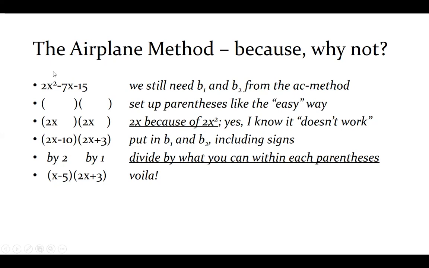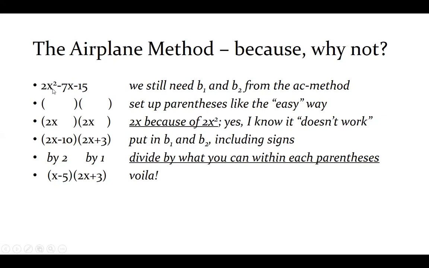We want it to multiply to 2x squared. So 2x and 2x isn't going to work. Yes, I know it doesn't work. That's why this is called a trick and not something that's actually taught. We're going to take care of it by dividing it down later.